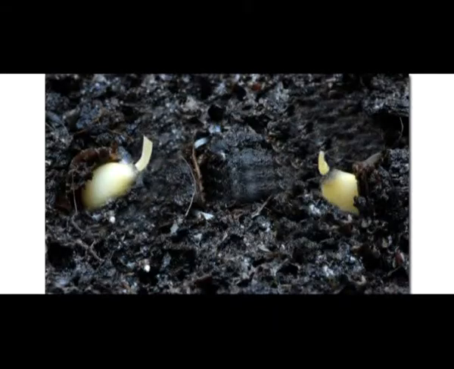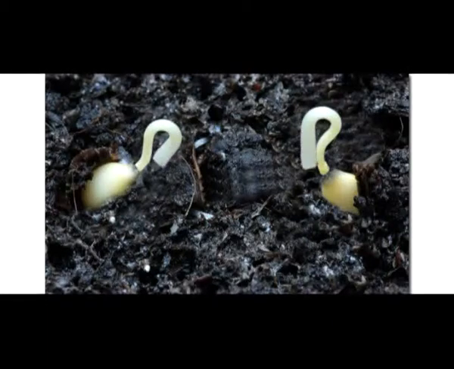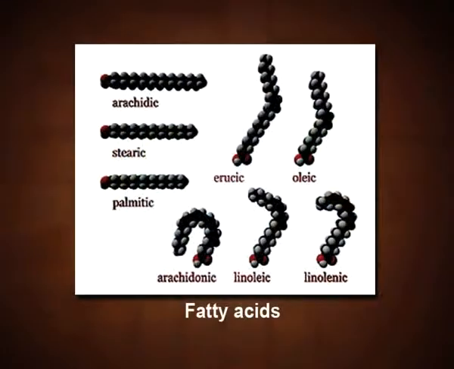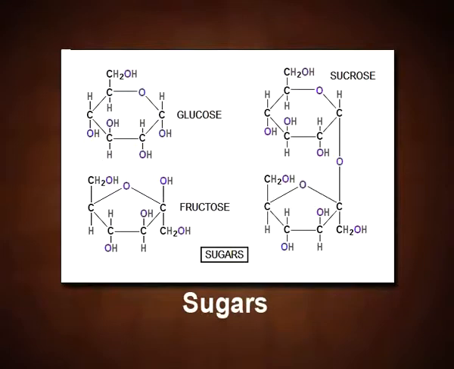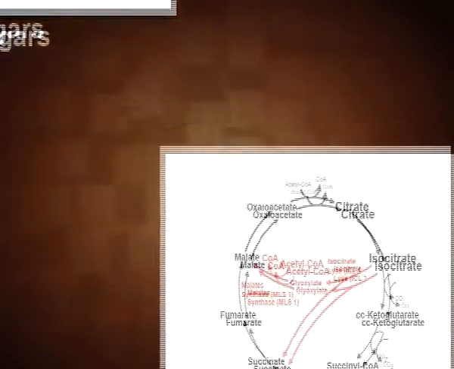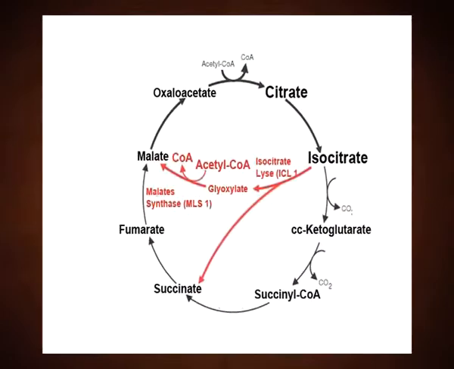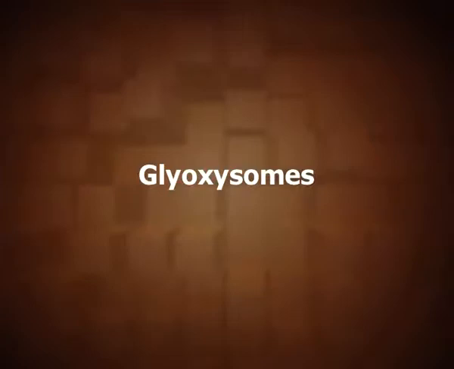Number 2. In germinating seeds, they convert fatty acids into sugars by a series of reactions known as the glyoxylate cycle, so that these peroxisomes are called glyoxysomes.